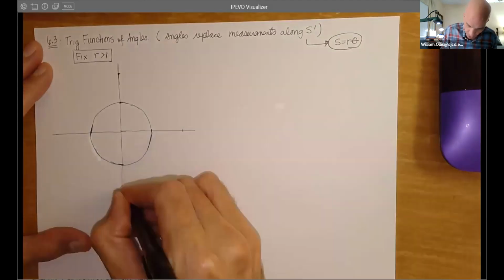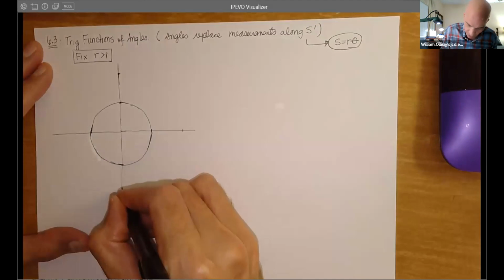And so now let's do a bigger R here. So we're going to make a larger circle, but concentric, same center.